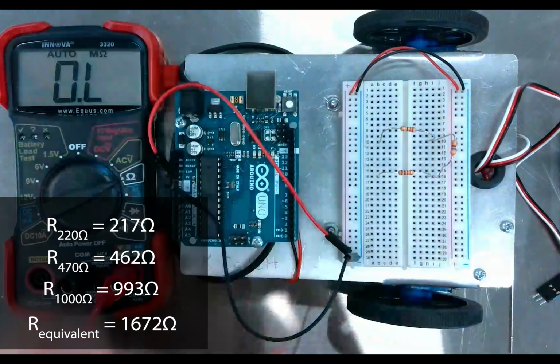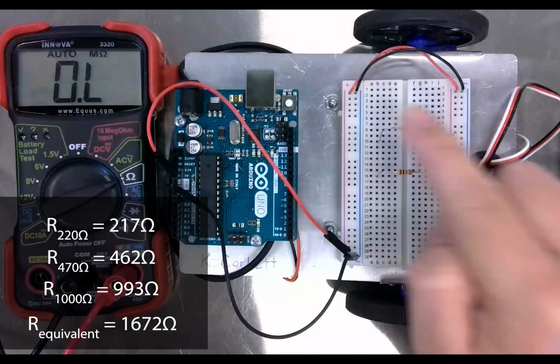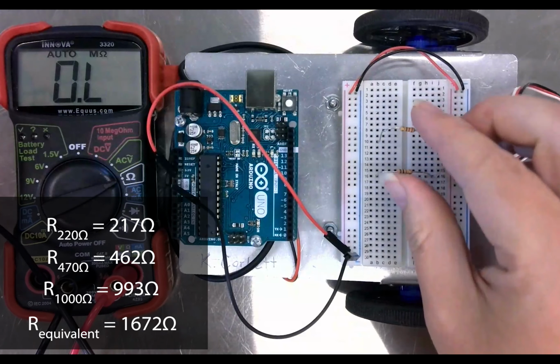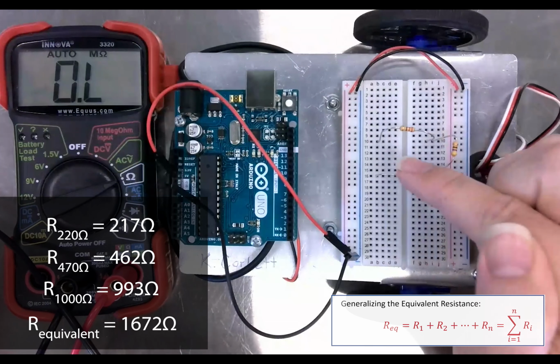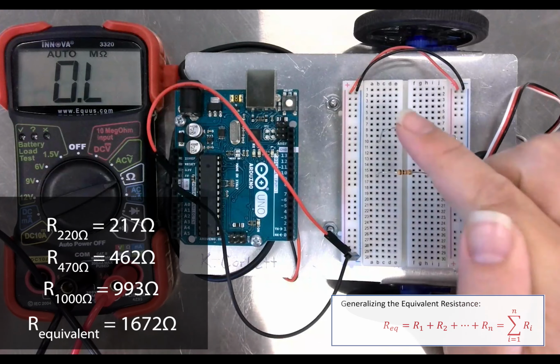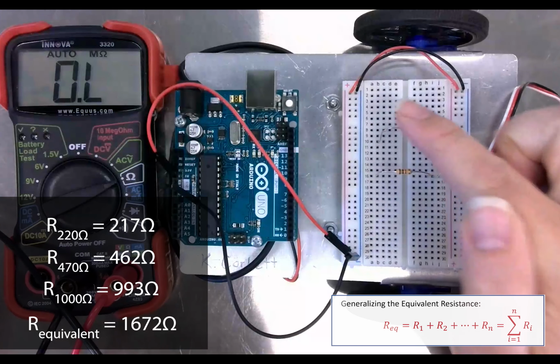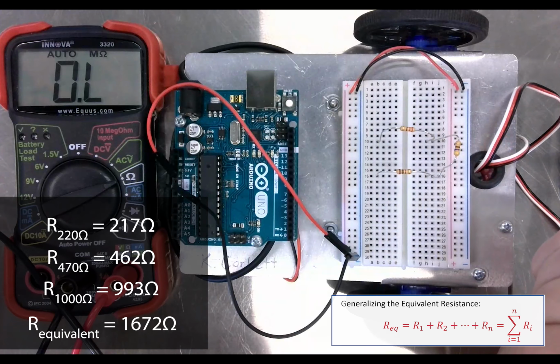So you can conclude that when the resistors are in series, the way you find the equivalent resistance is you just add them together. So it's very simple. When they're in series, you add one right after the other and add them together.